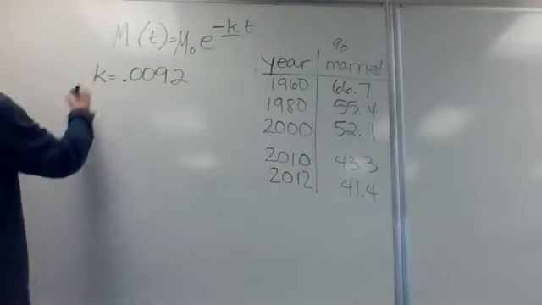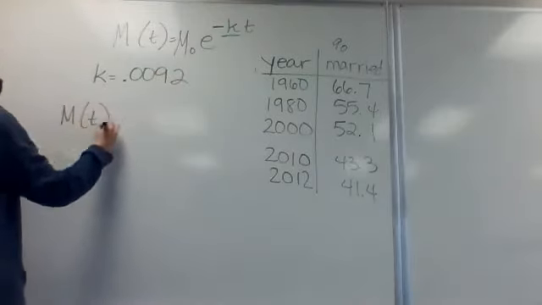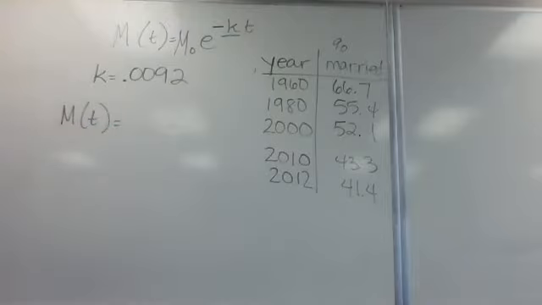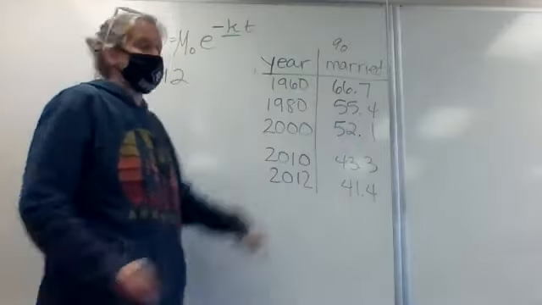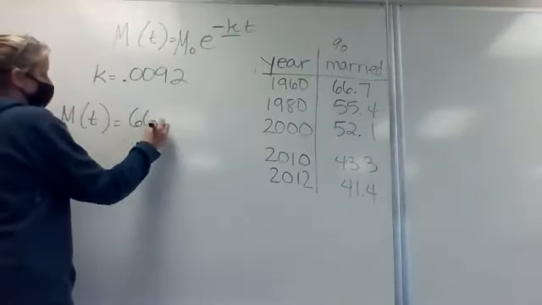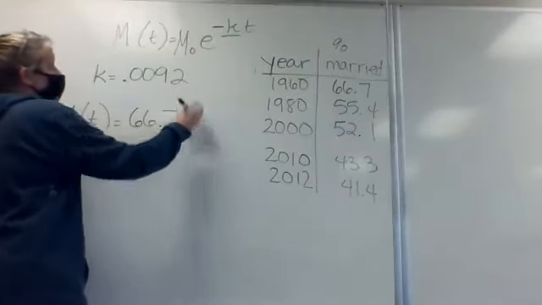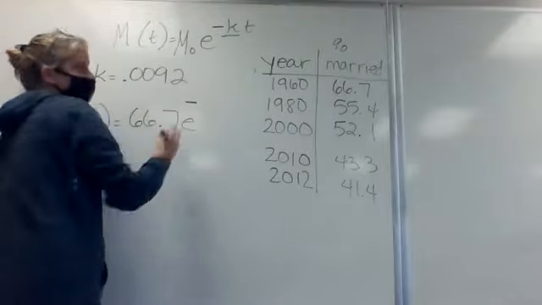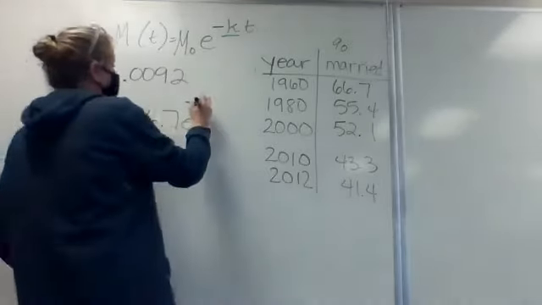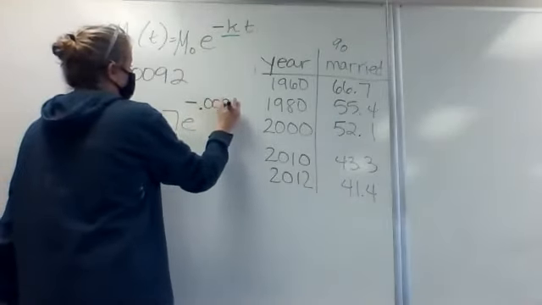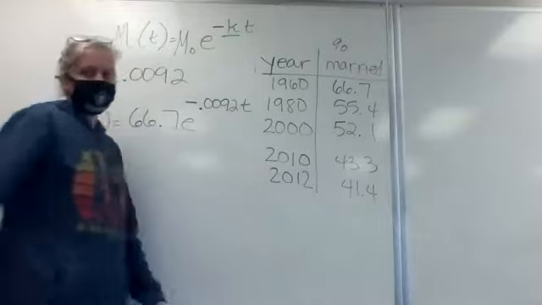So let's see, I'm finding M of T. So my beginning amount doesn't ever change. It's 66.7. E to the negative, right? You want to put a negative in front of it since you're actually going down. 0.0092 T.